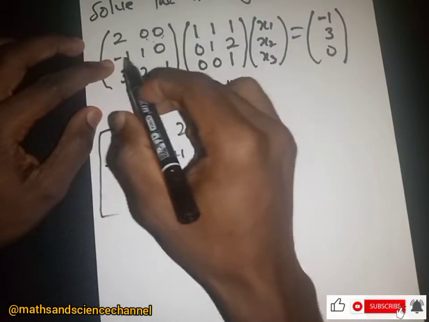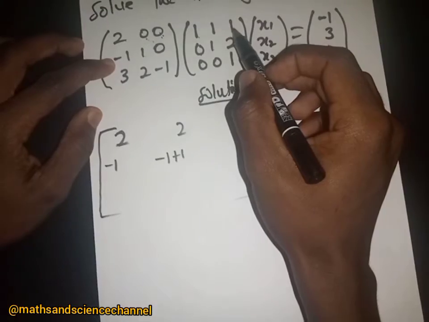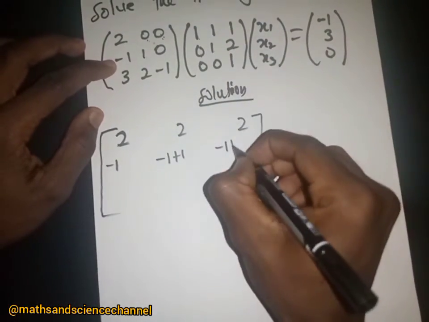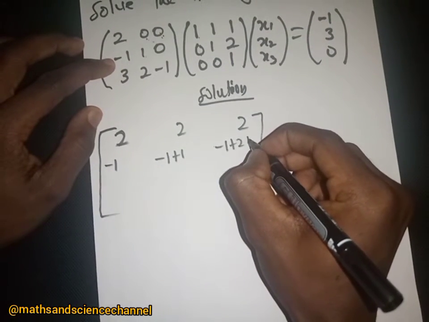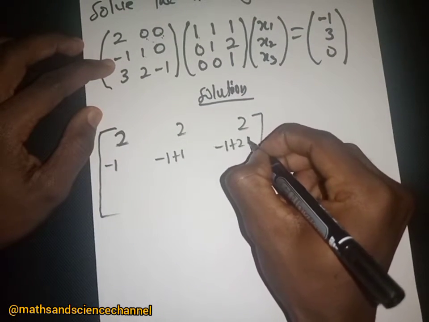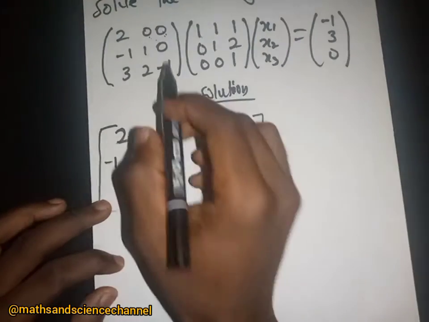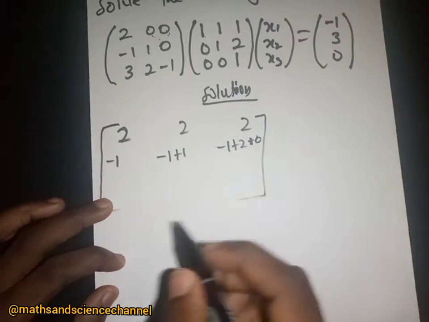Now in the third part we have -1 multiplies 1, we have -1. 1 multiplies 2, we have +2. Then also 1 multiplies 1, and therefore we have plus. So the last part is 0 multiplies 1, which goes to 0, right?